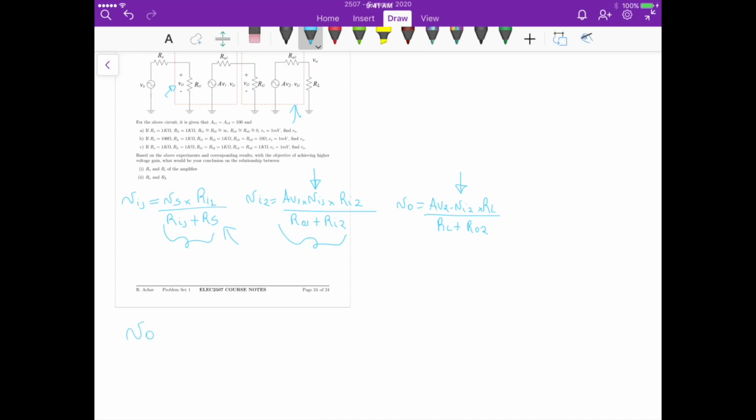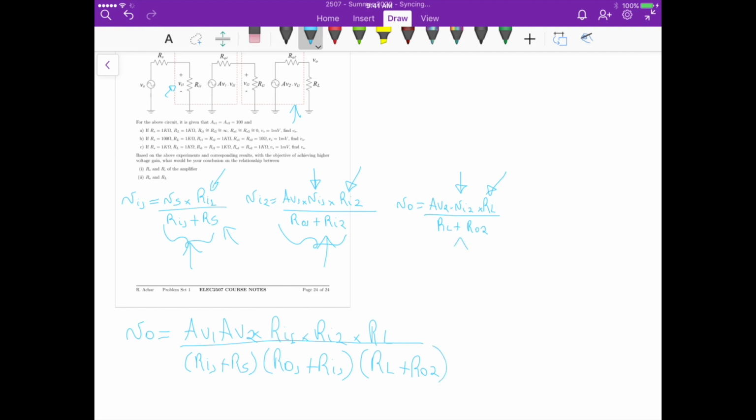Vout is going to be equal to, substituting VI1 and then VI2, AV1 times AV2 times RI1 from this equation times RI2 from this equation times RL from this equation, divided by Ri1 plus Rs from this equation, times Rout1 plus Ri2 from this equation, times RL plus Rout2 from this equation.